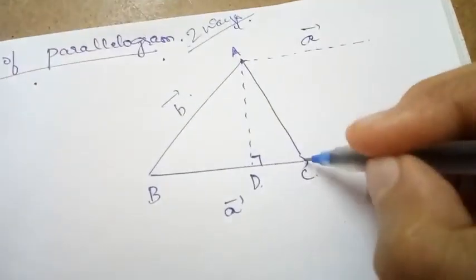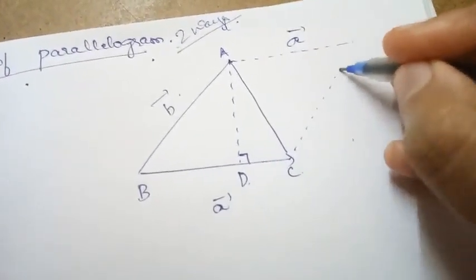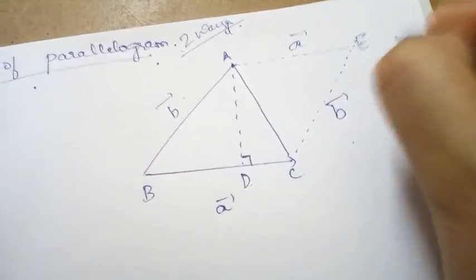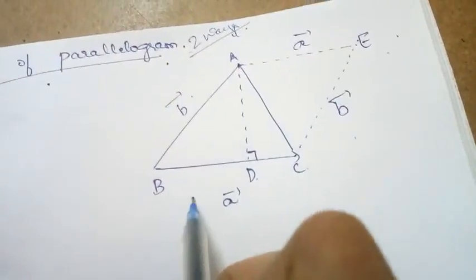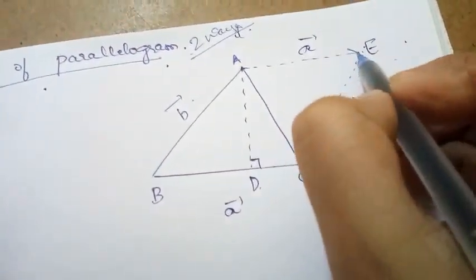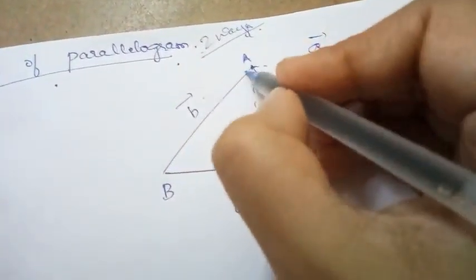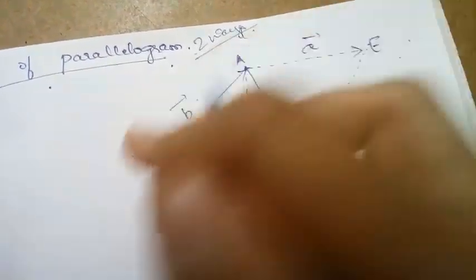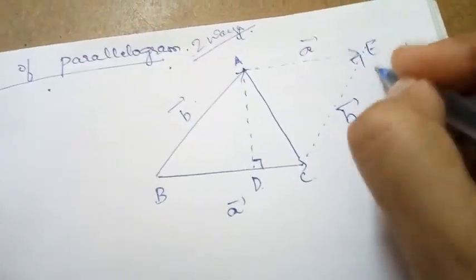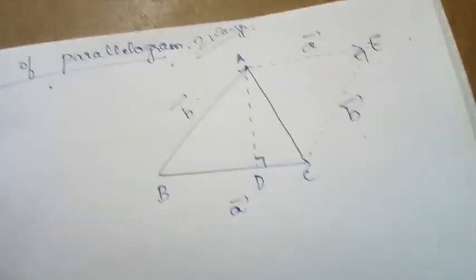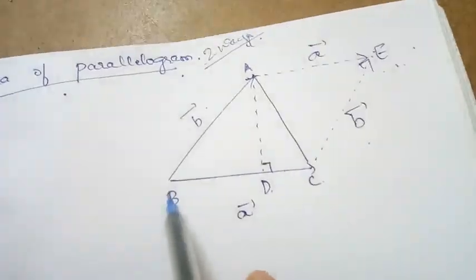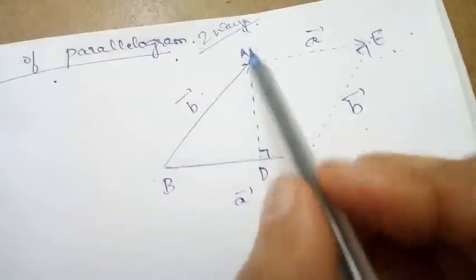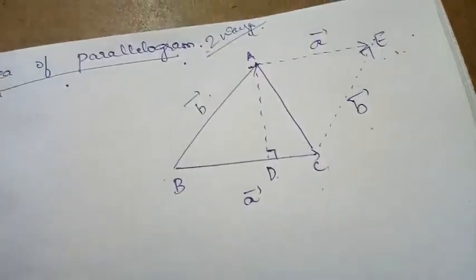And similarly here, if I take, this is nothing but our vector B. I will call this one E. Now you can see A is similar to the vector BC, in the same direction. Similarly, this is also nothing but vector B, with the same magnitude and same direction. So AE is equal to BC and AB is equal to EC, both in magnitude and direction. So clearly AECB is a parallelogram.